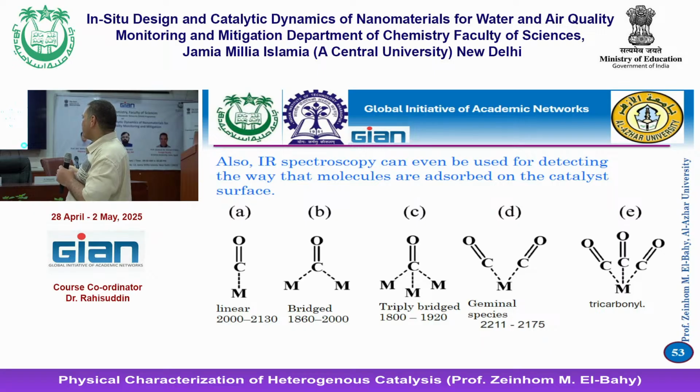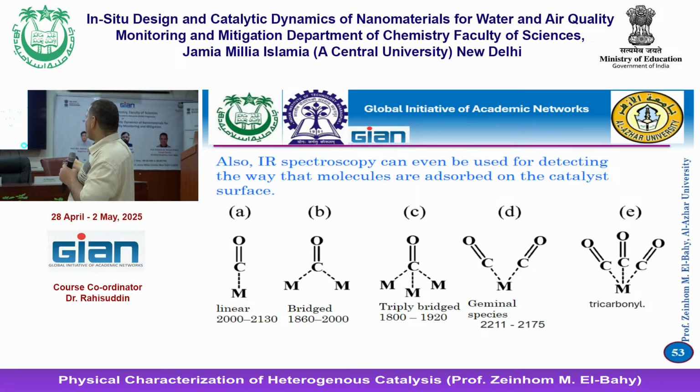And if you have bridged, bridged means CO is adsorbed to two metals like this, triple bridged, three metal atoms like this, this means that you have condensed or not distributed. Your catalyst is not distributed well on the surface.